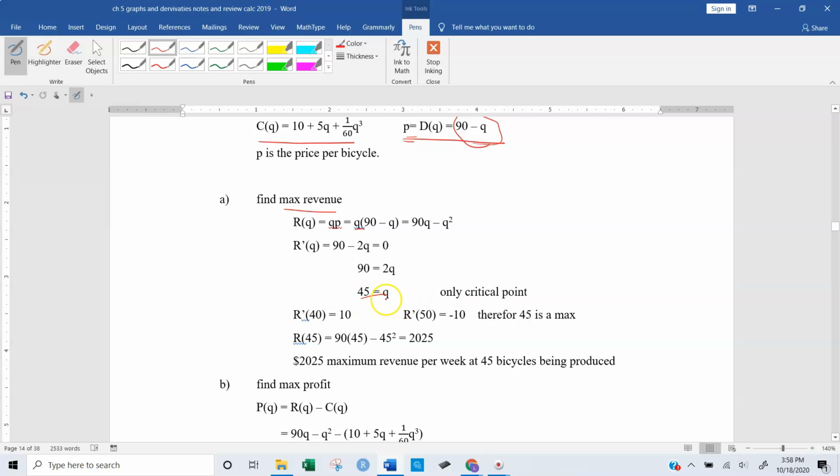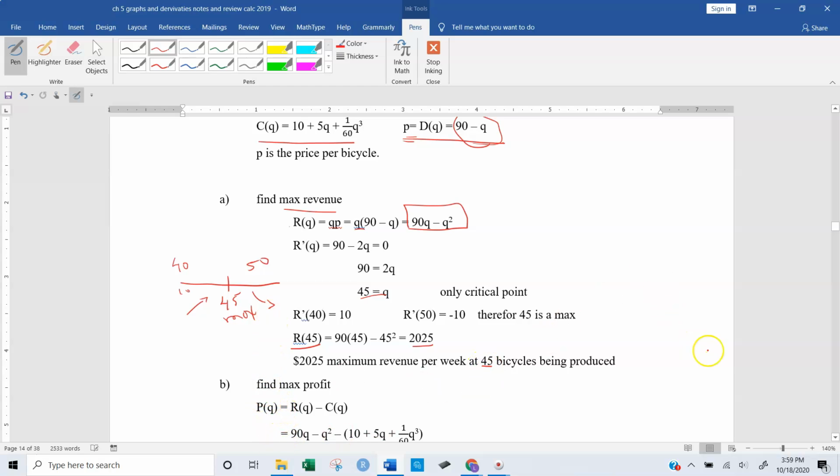If I go on my number line and put 45, I just picked two numbers, 40 and 50. 40 was a positive 10, so this guy was going up. 50 was a negative 10, so this guy is going down, which means 45 is a max, which is exactly what I want. So I plug 45 into my original to find out how much money I'm making, and I'm making $2,025 when I make 45 bicycles. It's the most money I will make.